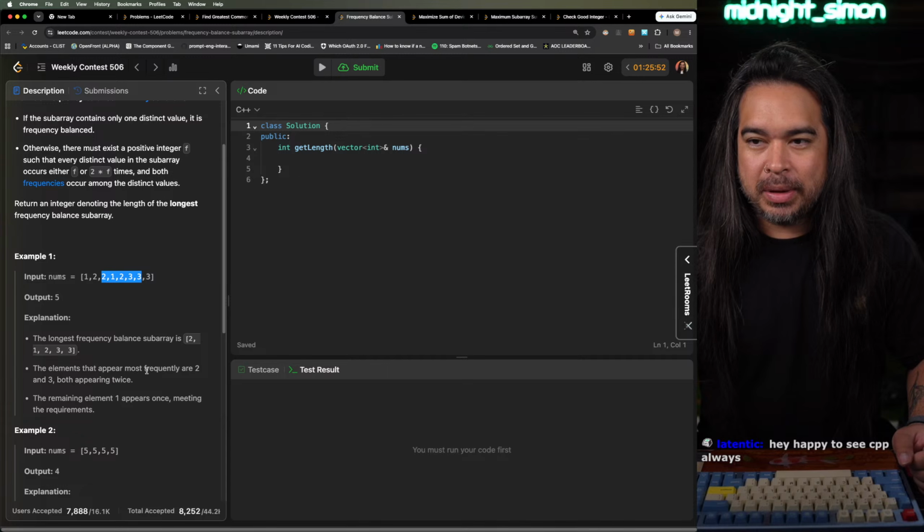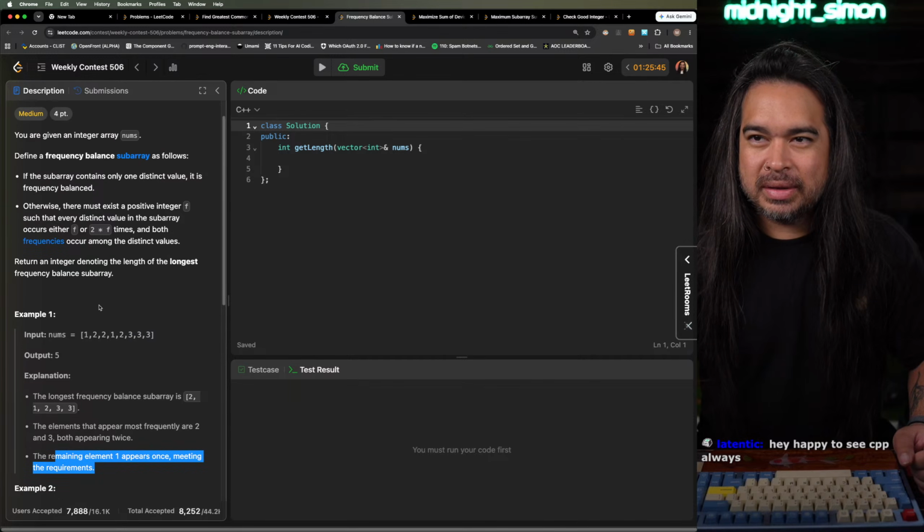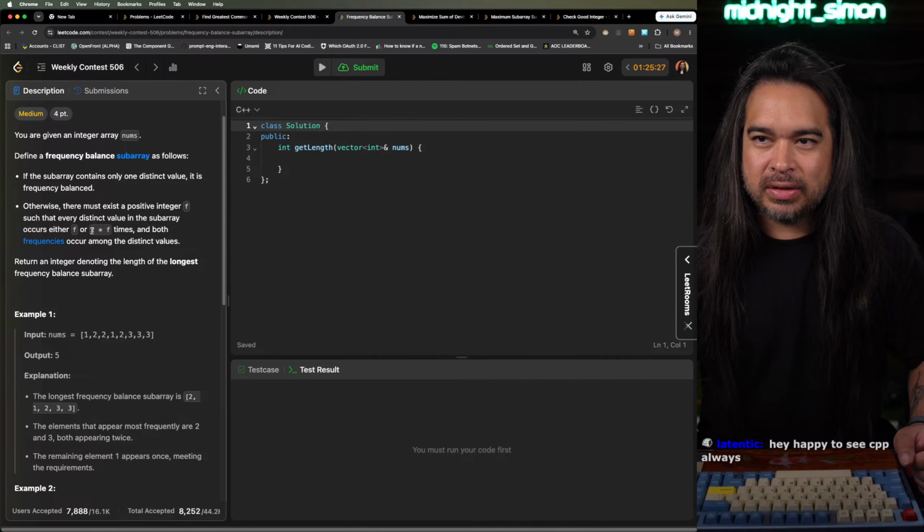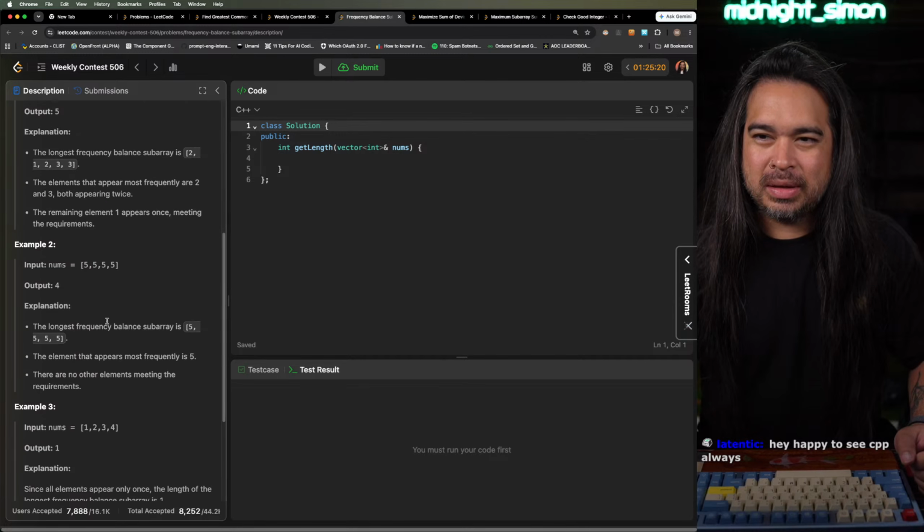The elements that appear most frequently are 2 and 3, both appearing twice. Okay, so f or 2f. So 3 appears 2 times, 2 appears 2 times, and that's 2f of 1, and 1 appears 1 time. That's what it's saying.